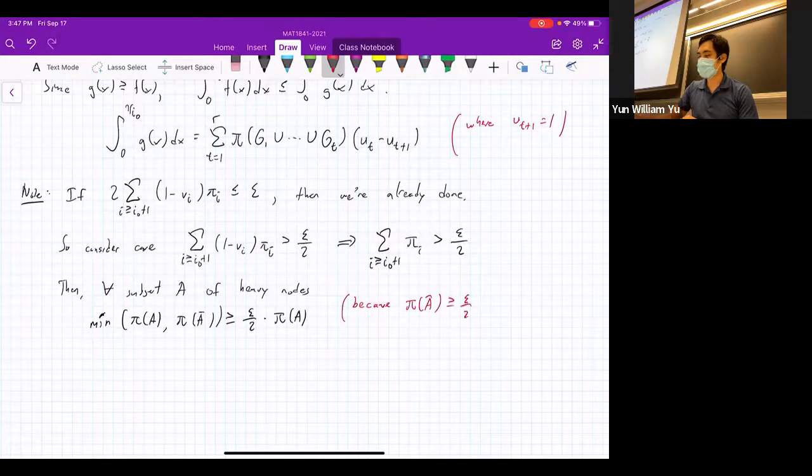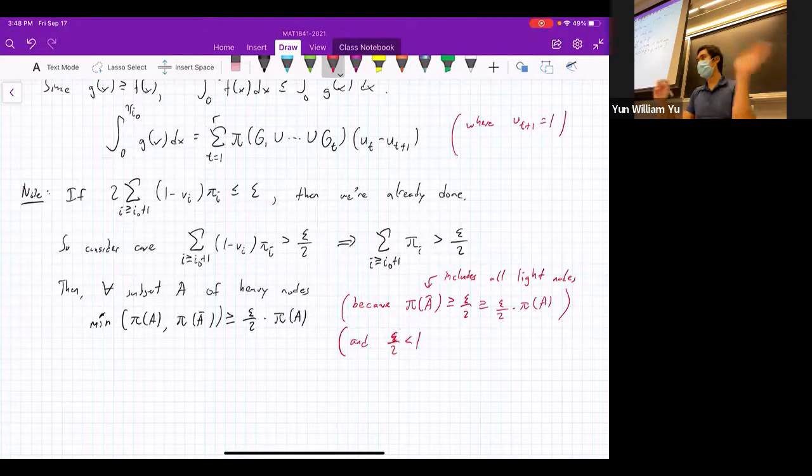So it's greater than epsilon over 2 because this includes all light nodes. And that's what we just showed. So this is greater than or equal to epsilon over 2, which of course is greater than or equal to epsilon over 2 times pi(A), because pi(A) is less than or equal to 1. And we also need epsilon over 2 to be less than 1, for basically anything we care about. So that means pi(A bar) is greater than or equal to epsilon over 2 times pi(A).